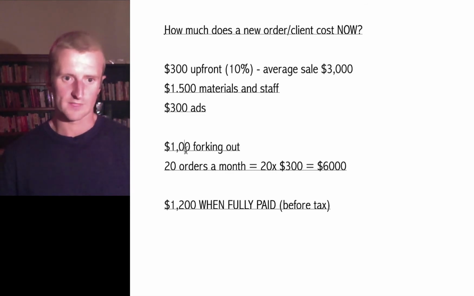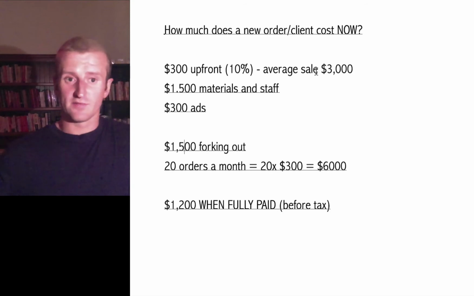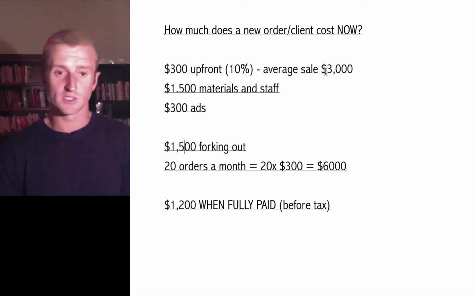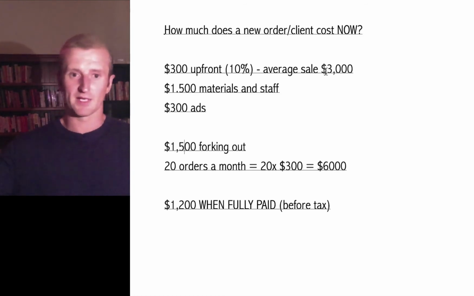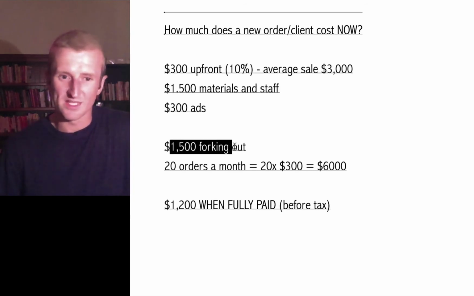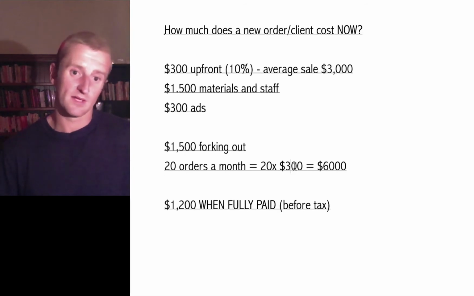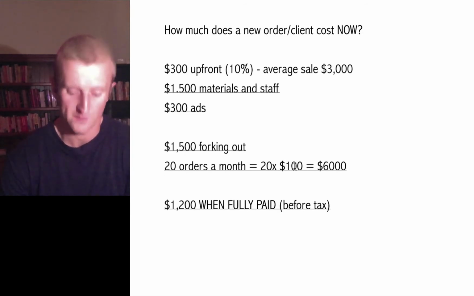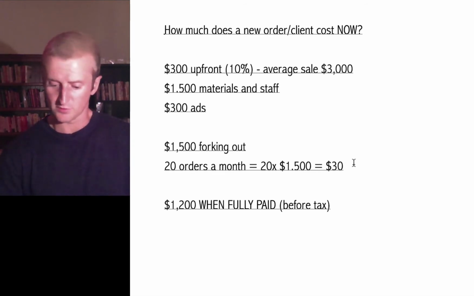Say you're only doing a 10% deposit and the rest after it's delivered, and you're doing these terms because it helps you get customers, because you're able to offer a 10% deposit where the competitor is saying, no, we want the full payment up front. This is a competitive advantage, except every order that comes in is really costing you $1,500 until they pay you. And if you're doing 20 orders a month at $1,500, well, that's a lot more. That's $30,000.